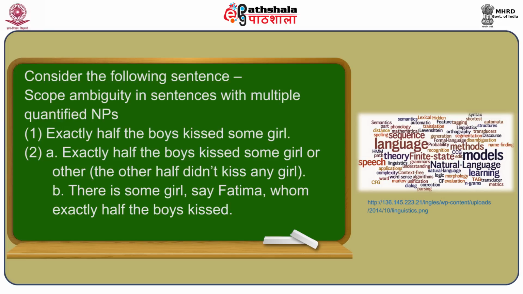There is a second interpretation of this sentence that says there is some girl, say Fatima, whom exactly half the boys kissed. Both interpretations are possible. They can be disambiguated by the prosody and so on, but you should see that both interpretations are in principle possible.